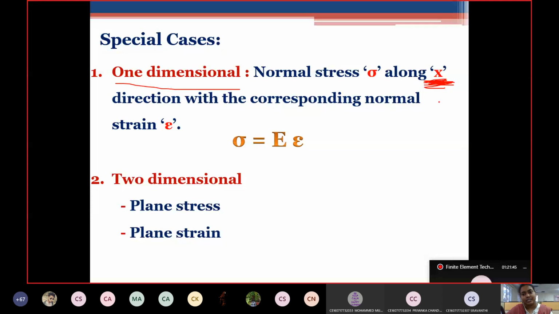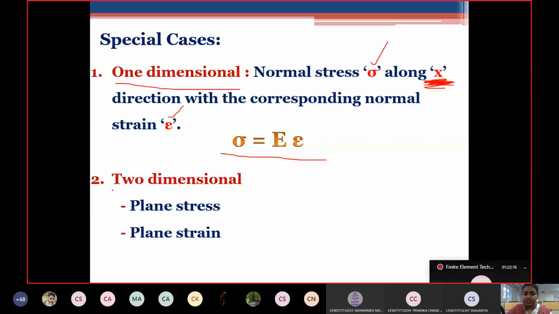When the force is applied axially, you are not going to get any shear stress or shear strain. Normal stress in x direction, only 1 sigma and only 1 epsilon. So the direct relation is from Hooke's law itself, that is, sigma is equal to E into epsilon. That is the 1-dimensional case.